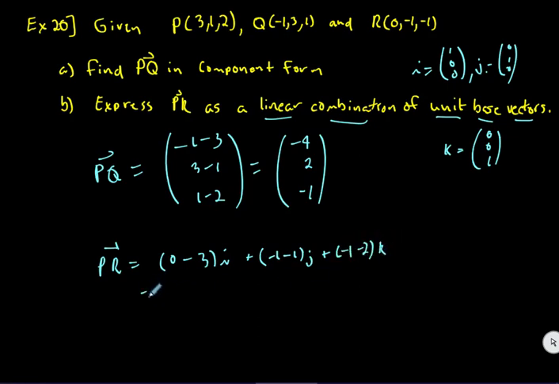And this would be equal to negative 3i minus 2j minus 3k. Good? And there you go. So that's in the linear combination form.